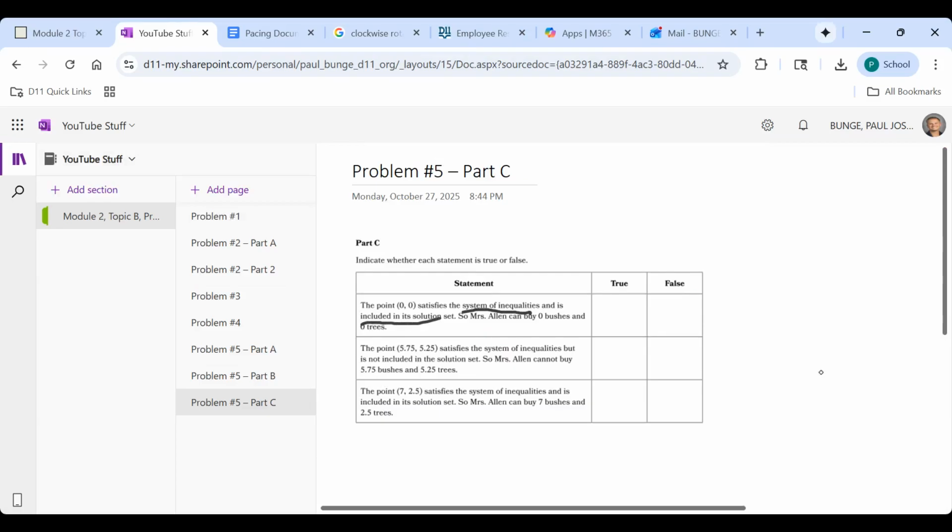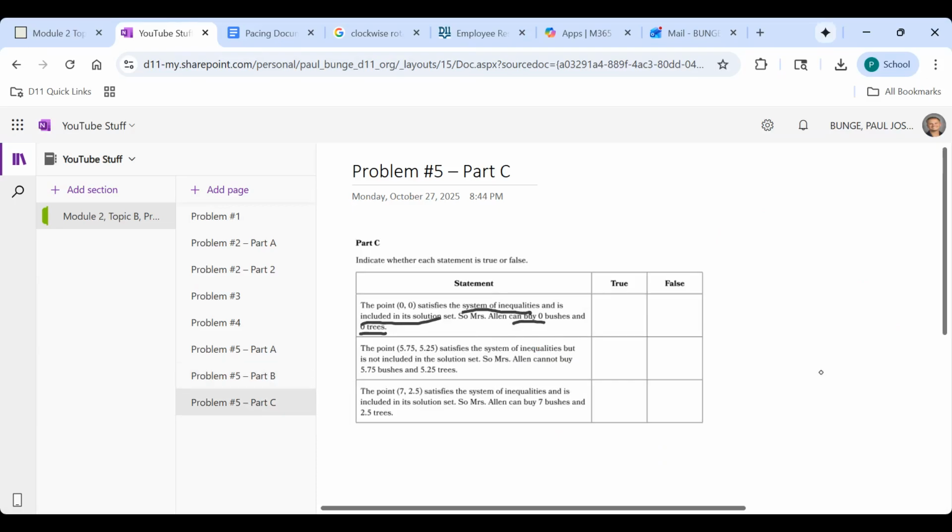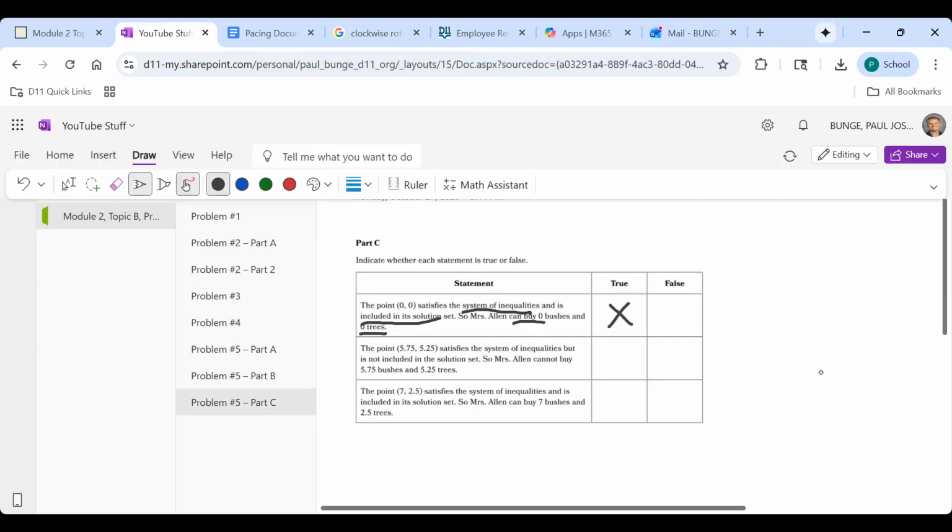So what that means is Mrs. Allen can buy 0 bushes and 0 trees. So let's go back to our other one. If we look at 0, 0, if I plug in 0 for my bushes and 0 for my trees, what I'm hoping that you realize is that is less than or equal to the budget. And it also satisfies the fact that we can still buy 0 trees and bushes because that's something that made it true. So this is a true statement.